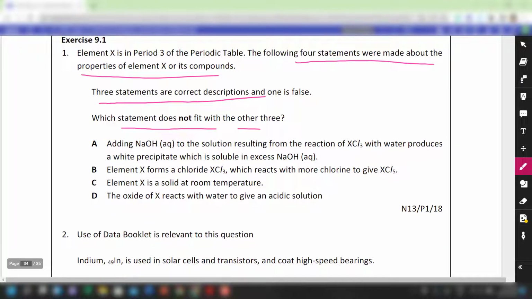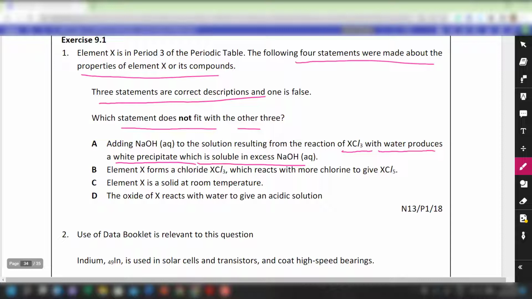Option A: adding sodium hydroxide to the solution resulting from the reaction of XCl3 with water produces a white ppt, which is soluble in excess sodium hydroxide. This kind of implies that X is aluminium. Am I right to say that?